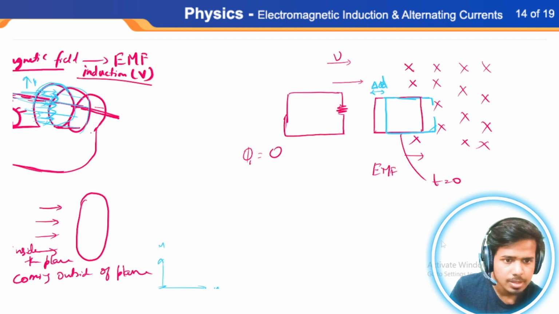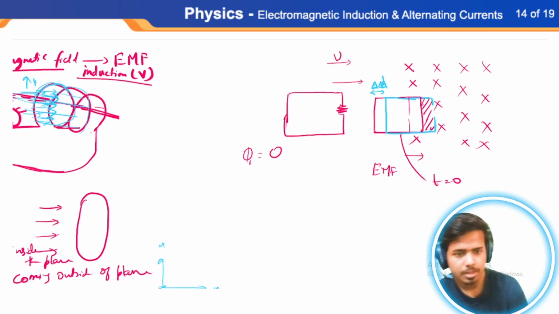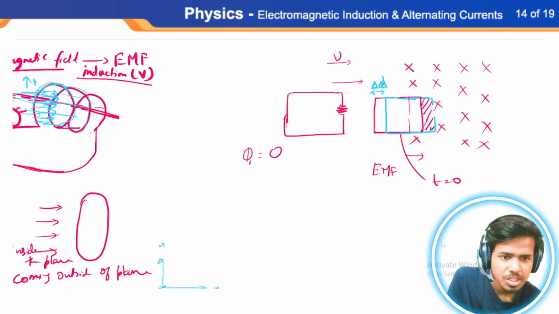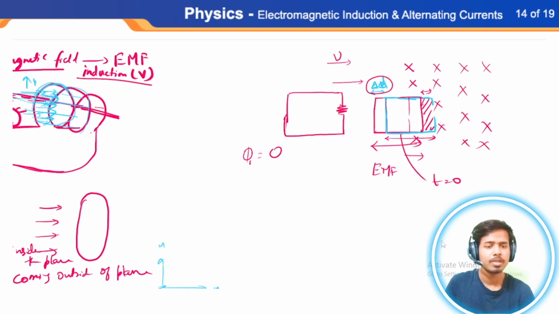Initially this was the flux, and this was the flux, and now this portion has been added up. So I will calculate this much amount of area, the change in area. The change in area is going to have the same length. This length is the same, otherwise how would it remain the same? Whatever the length of the circuit is, it is the same, it doesn't change while entering into the magnetic field region.